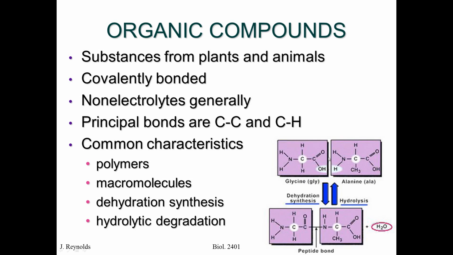If you look at the picture on the right-hand side, you've got 2 amino acids, glycine and alanine, forming a dipeptide at the bottom. So in order to make a protein, we just keep adding amino acid by amino acid by amino acid. In order to create a bond between these 2 amino acids, we have to remove water.